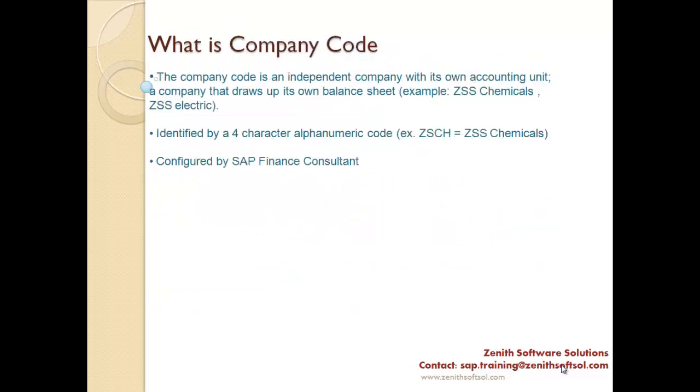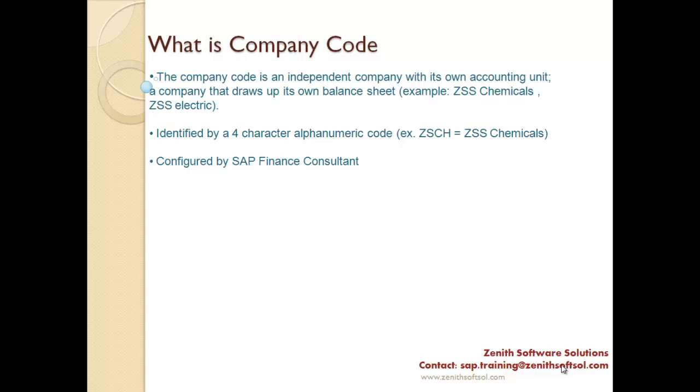What is company code? Company code is an independent company with its own accounting unit, a company that draws up its own balance sheet, meaning the profit and loss. So these profit and loss transactions are made at the company code level. In SAP, company code is identified by a 4-character alphanumeric code.